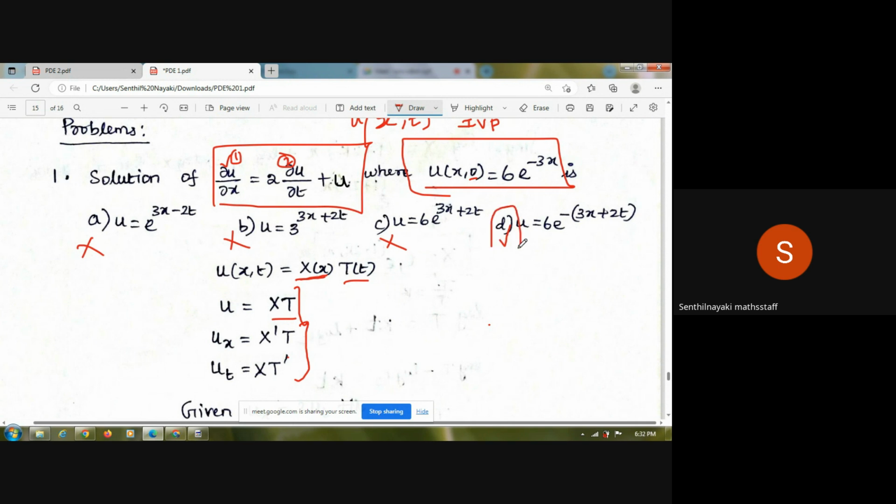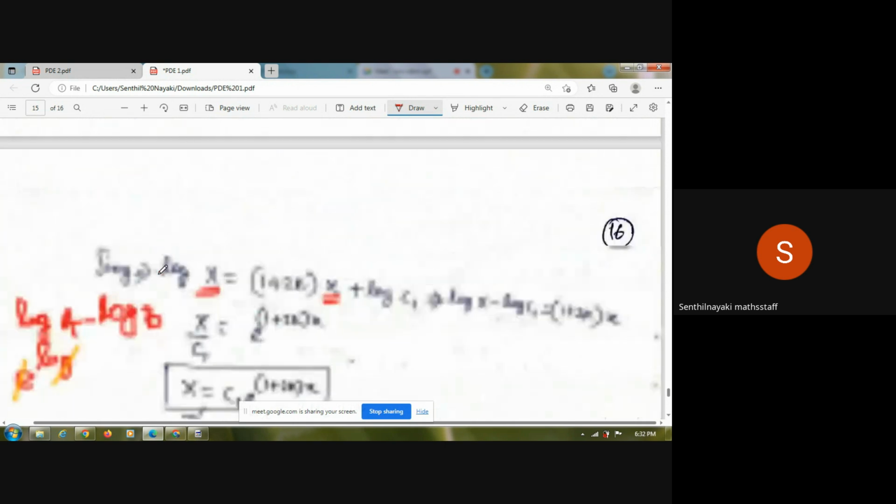So the answer is D, u equal to 6 e power minus (3x plus 2t). Simply we can solve this linear partial differential equation by method of variable separable. Here we are not using Lagrange's or any type of methods. Here we are using the variable separable method. This type of questions will be asked in our set exam.